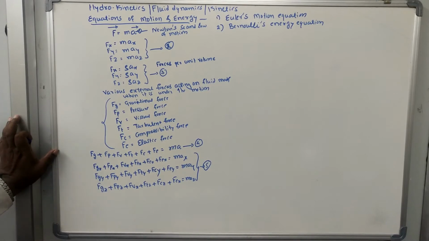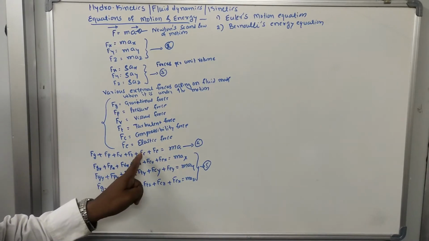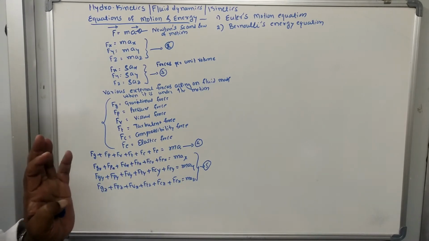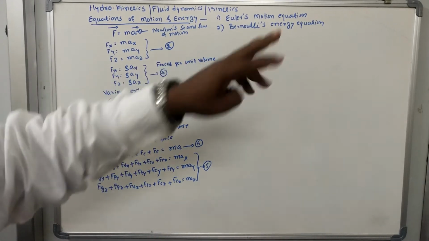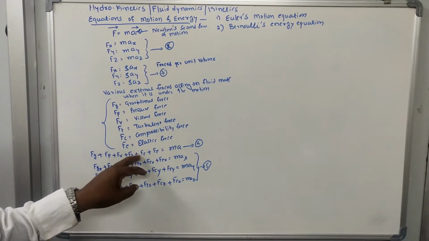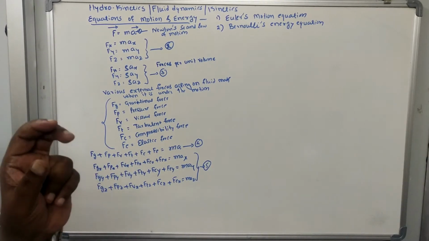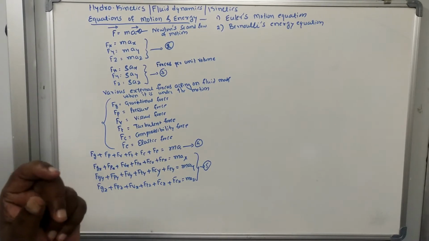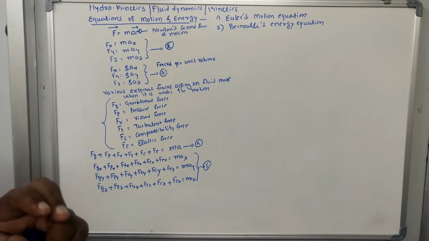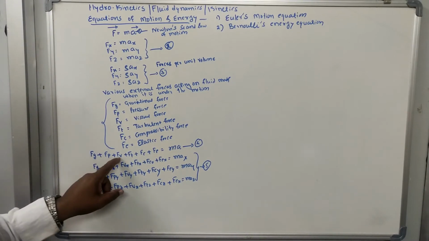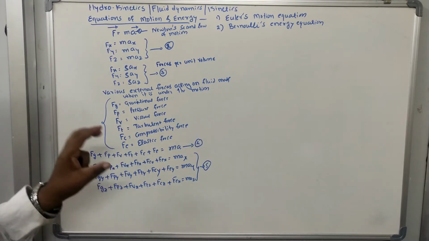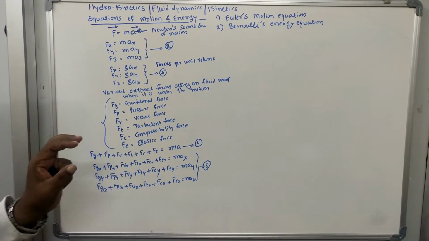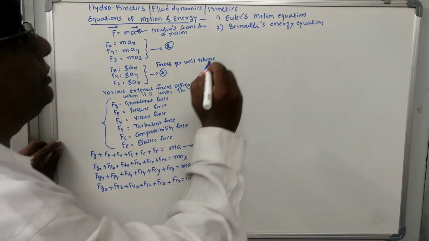So for our further analysis, you can neglect F_C and F_E. Why are we neglecting them while deriving the motion equation and energy equation? Because the compressibility force and force due to elasticity acting on the fluid mass when it is under motion are very small compared with the others. So we can neglect those two forces and consider the remaining forces.